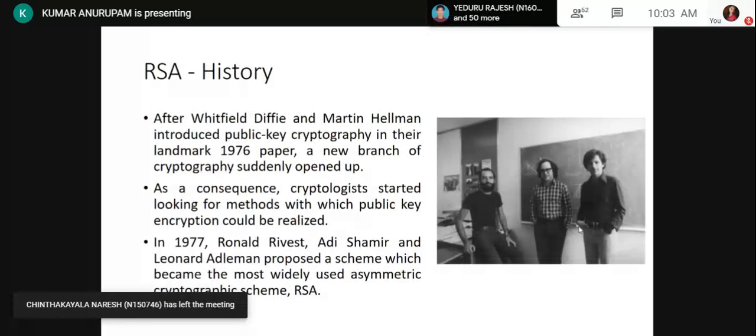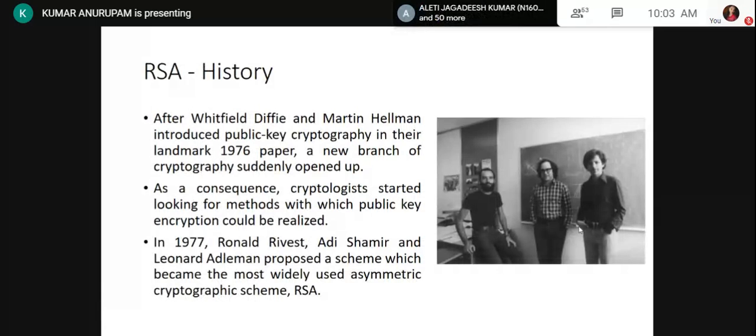When we talk about RSA's history, after public key cryptography came in '76, a new branch of cryptography suddenly opened up to all the scientists and researchers throughout the world, and they started looking for methods and cryptography which can use the public key concept, and can be used for various different purposes.